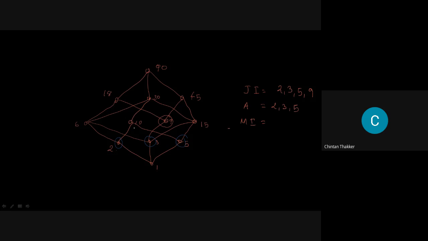So the elements with one line coming from upside are 10, 18, 30 and 45.